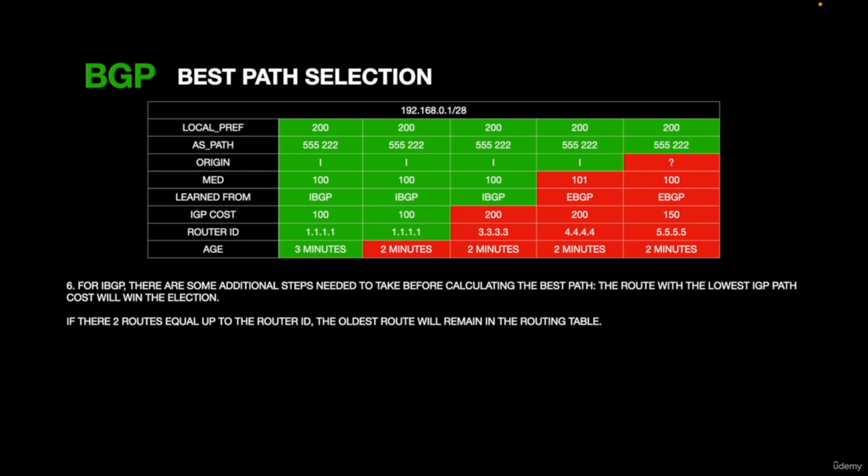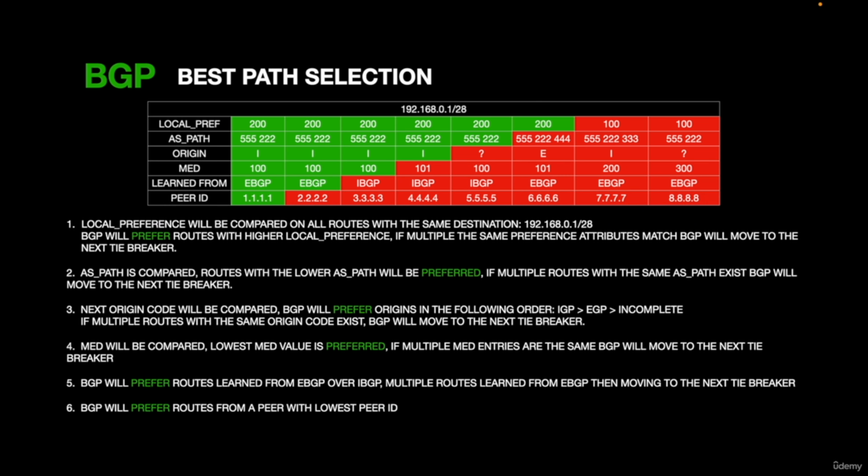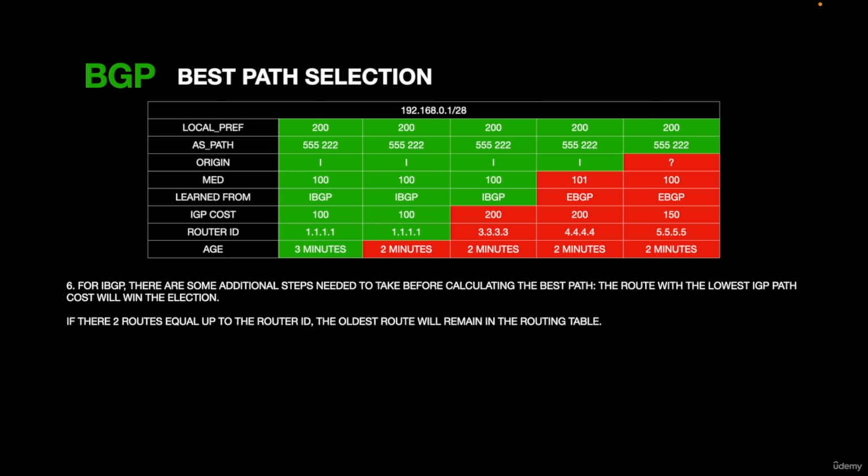Also, for iBGP, there are some additional steps that we need to take before calculating the best path. And as we saw in this section here, the route with the lowest peer ID or peer router ID will win.